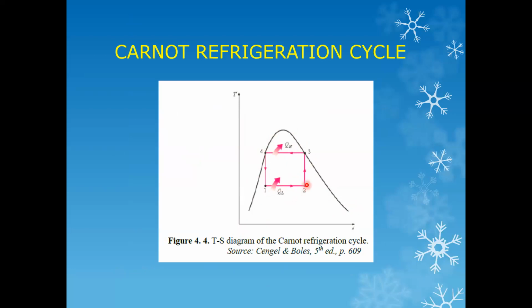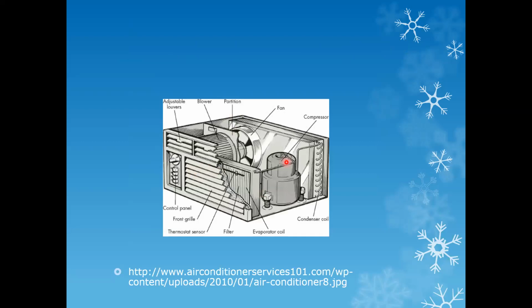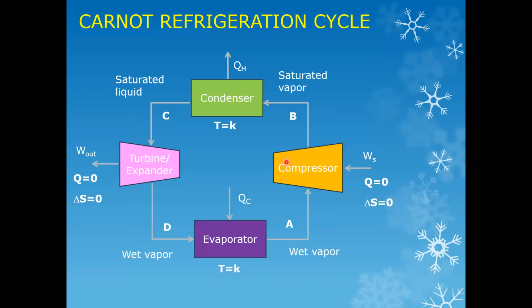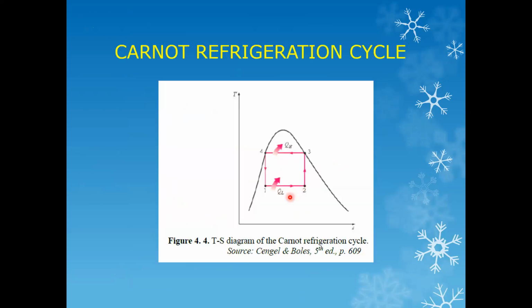So this is the compressor, this is the condenser, then the expander, and then the evaporator. For the compressor, the movement is from bottom to top, and the expansion is from top to bottom.